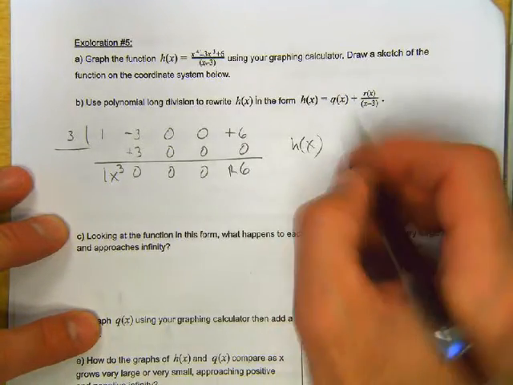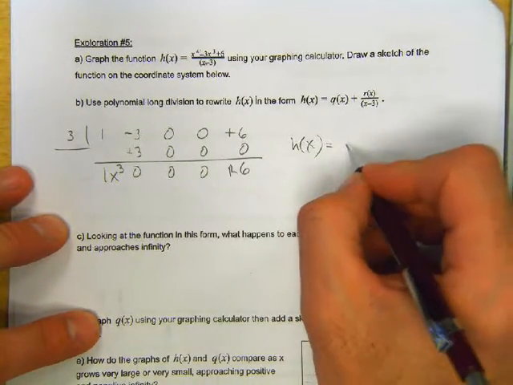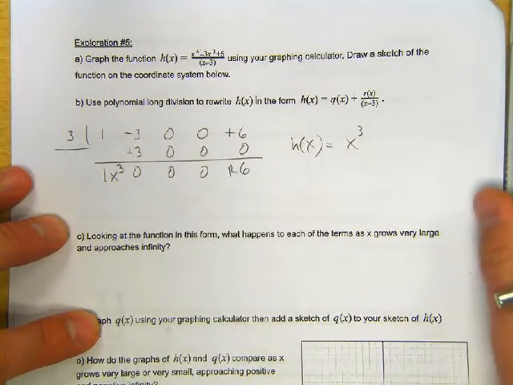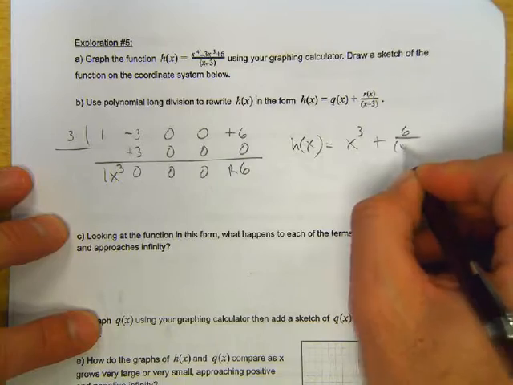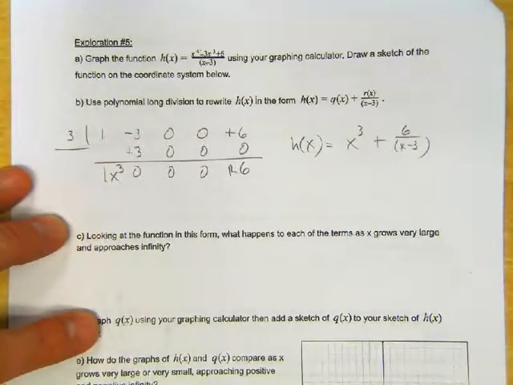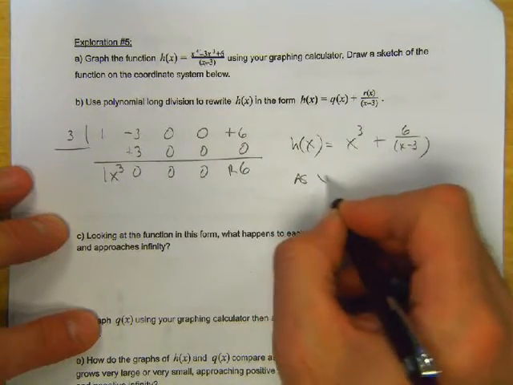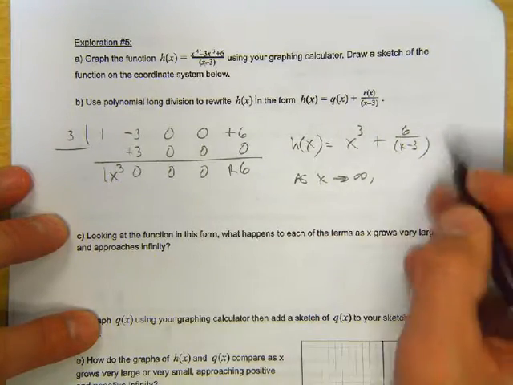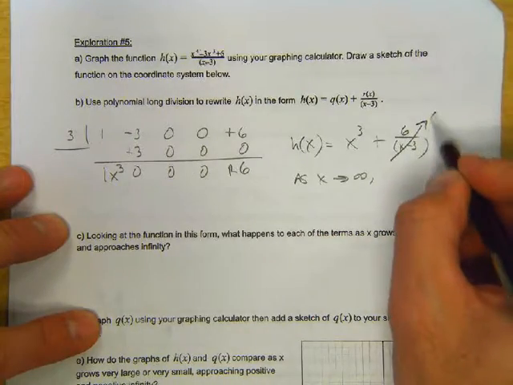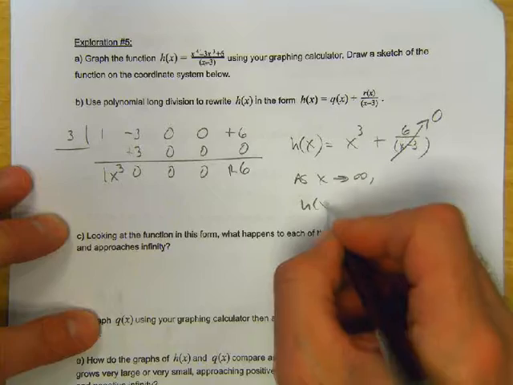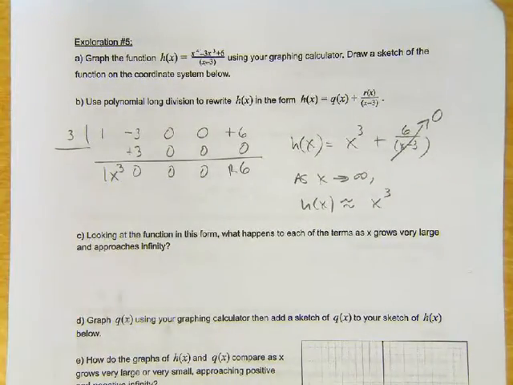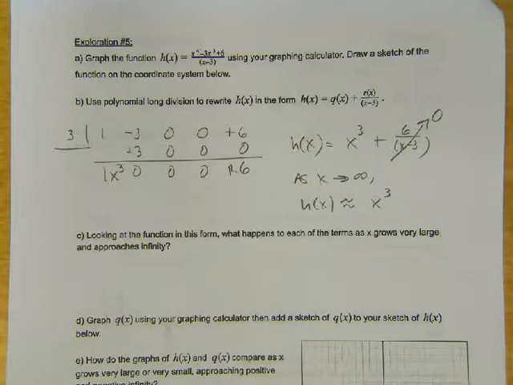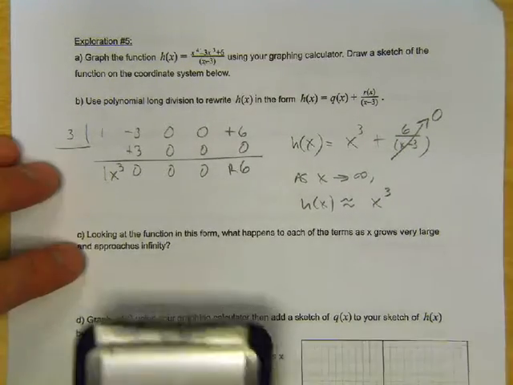So in divided form, quotient remainder form, the quotient is x cubed, and the remainder is 6 over x minus 3. And as x goes to infinity, that goes to 0, so h of x is approximately equal to x cubed when x is big.